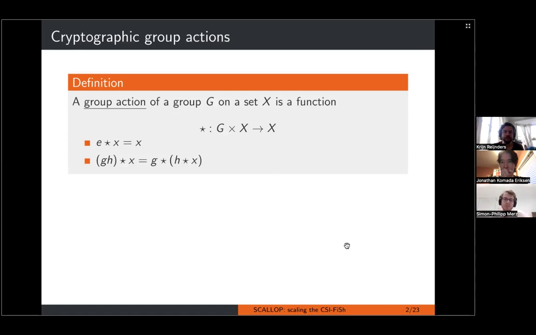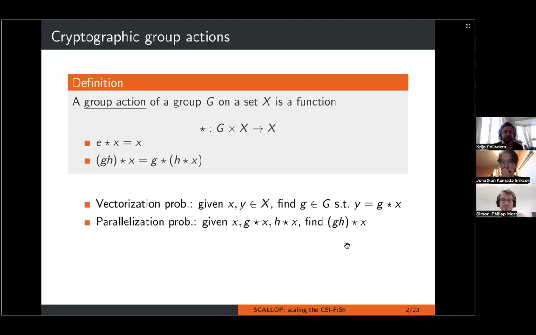Now, to make these group actions interesting from a cryptographic point of view, there are two problems called the vectorization problem and the parallelization problem. The vectorization problem is you're given two elements in the set. You want to find a group element that sends one to the other. It's kind of like the discrete log analog of a group.